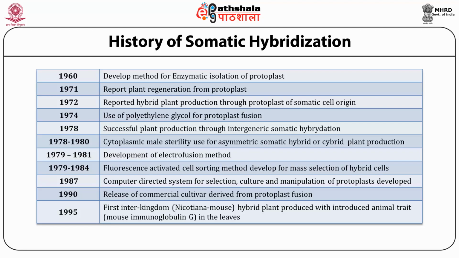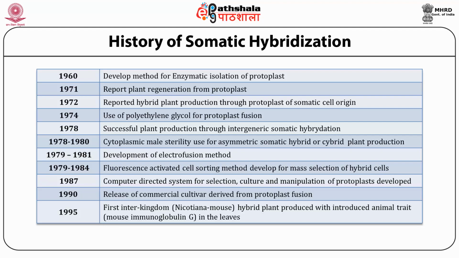And that is the fluorescent activated cell sorting method, which was developed between 1979 and 1984. Thereafter computer directed sorting in 1987, and in 1990 the first commercial cultivar of protoplast fusion was released.